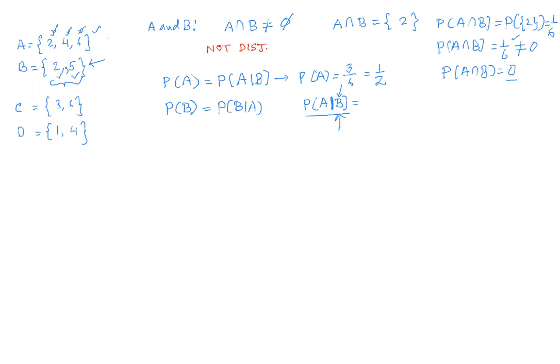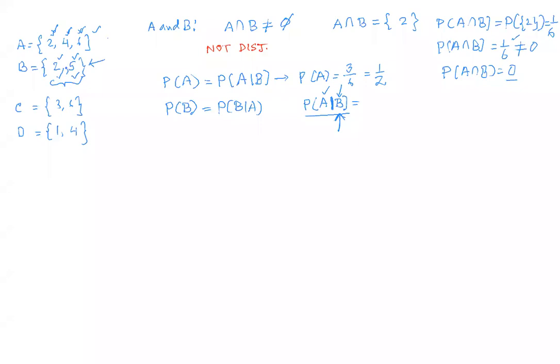So now, given that B has happened, what is the probability that A will also happen? If we know that B has happened, we know that it's either 2 or 5. Only these two outcomes are possible because we know that B happened already.